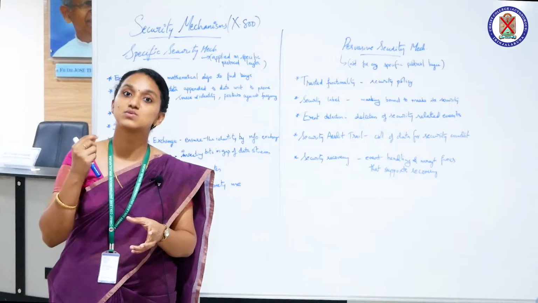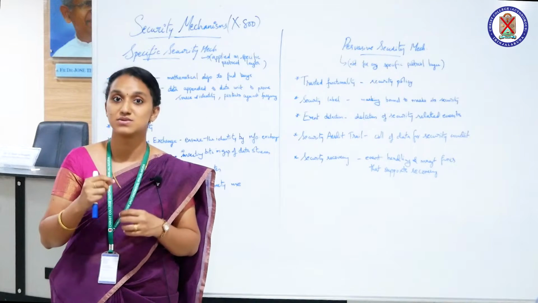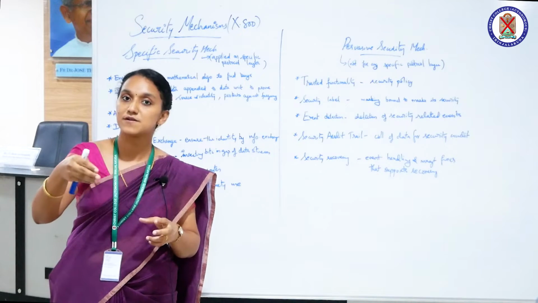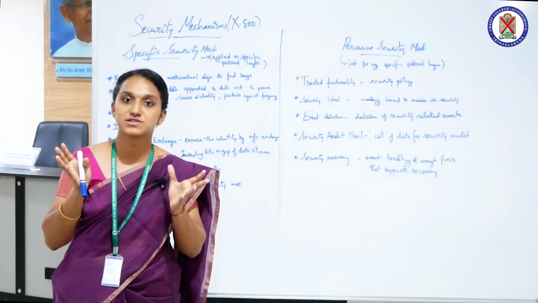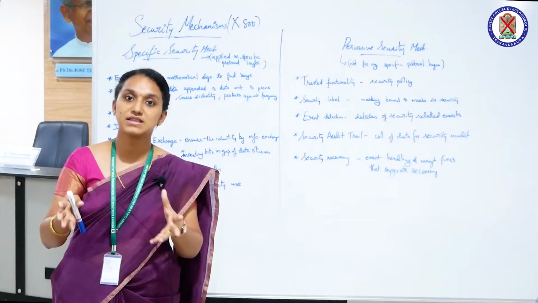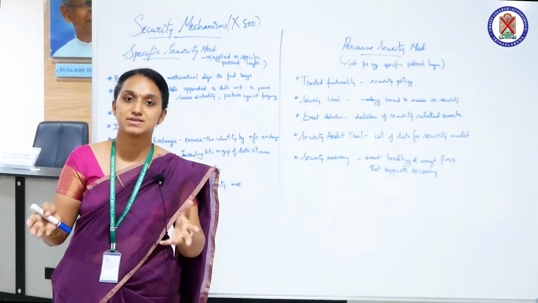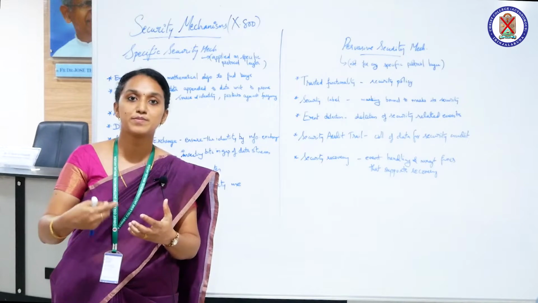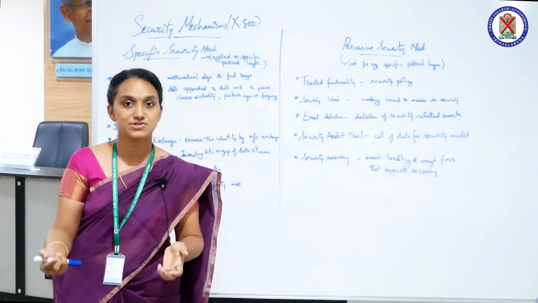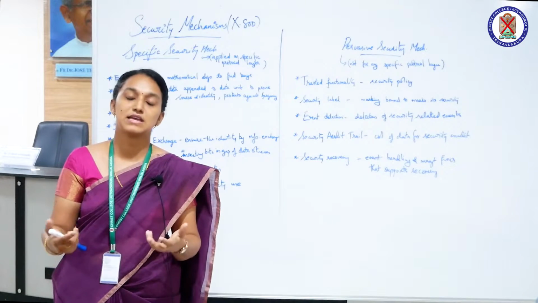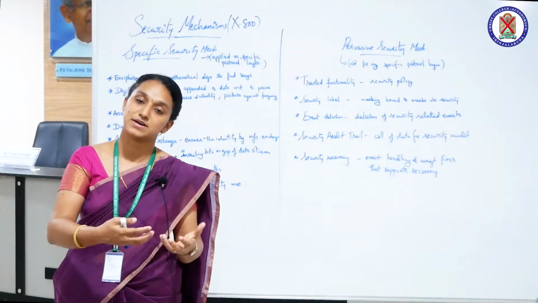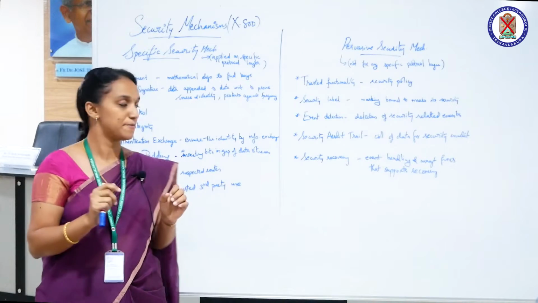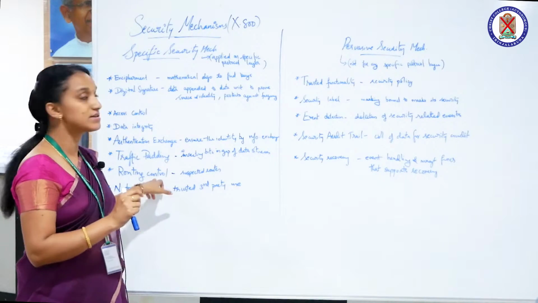In that case, one security mechanism that can be used is to insert bits into the gaps of the data stream so that you can frustrate the opponent, the third party or hacker, whoever it is. So he may get confused about the pattern of the message that is being sent. That is traffic padding.